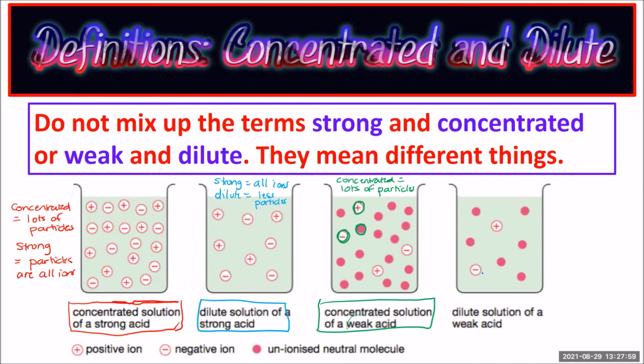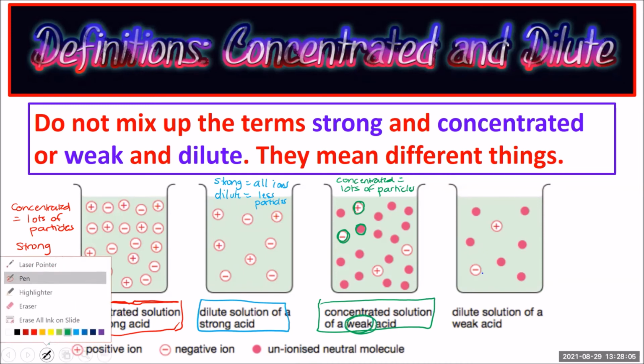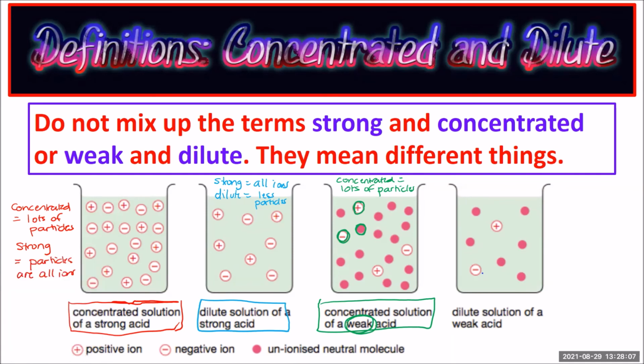So that tells us straight away that that is a weak acid. And of course, a dilute solution of a weak acid, that's simply going to have hydronium ions, anions, unionized molecules, but because it's dilute, there are not many particles.